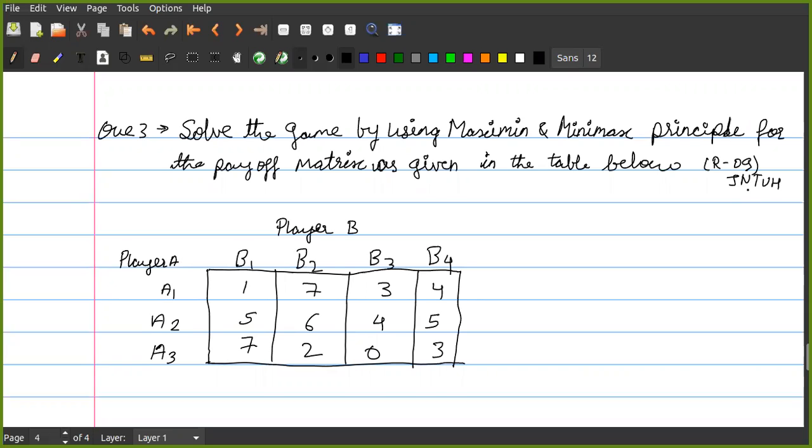Saushil, how to solve the problem? What should be the first step? First step is to find the row minimum. Okay. Hello, please respond, Saushil. Your voice is not clear.